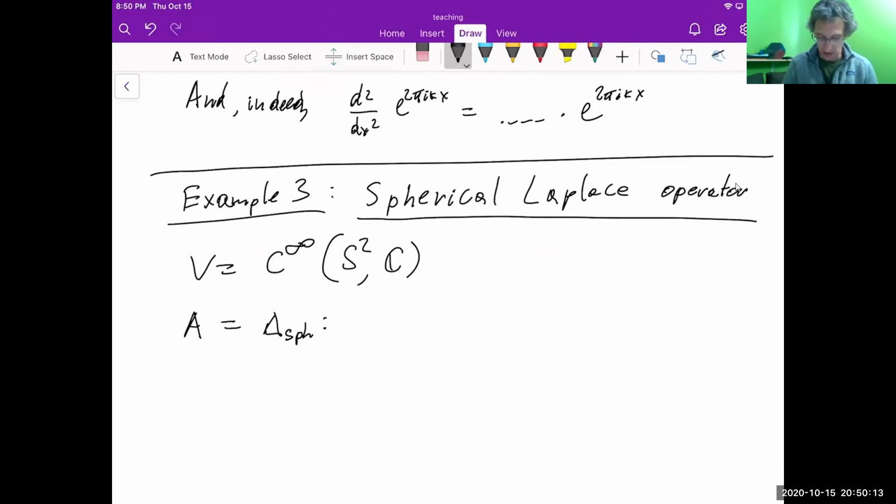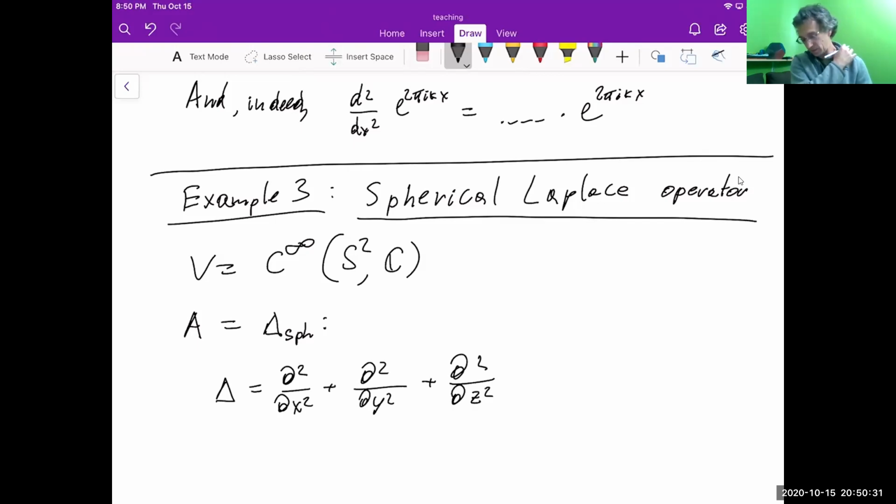It is basically, you know, there is the usual standard Laplace operator, which is del 2 over del x squared plus del 2 over del y squared plus del 2 over del z squared, which I expect most of you have seen.